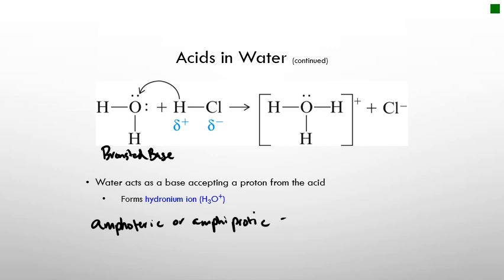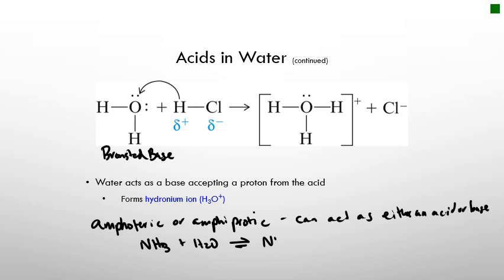So that's going to be a substance that can act as either an acid or a base. If we look at something like ammonia reacting with water, when these react together, it'll form NH4 plus and OH minus.